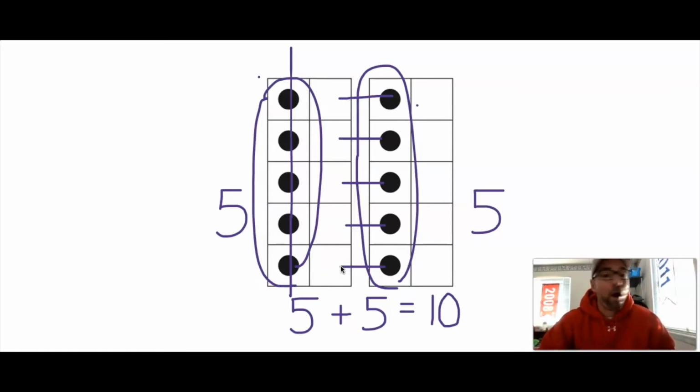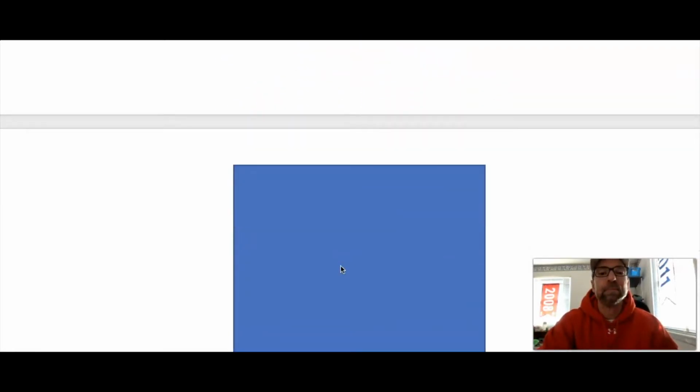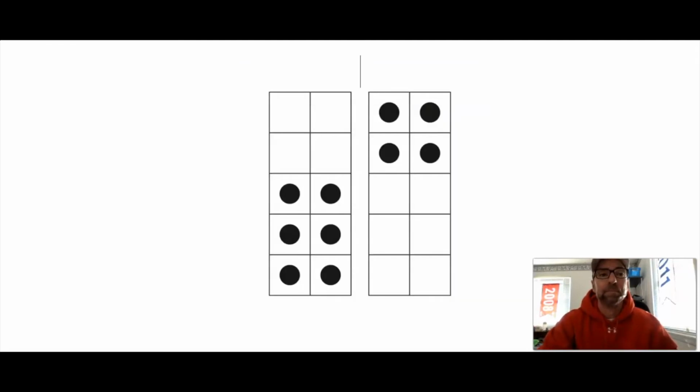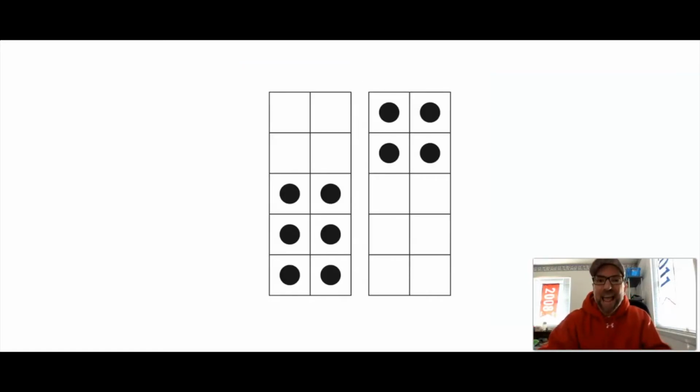Awesome job. All right, if you need to erase your whiteboard, you can. Here's our next one. How many dots do you see staring right back at me? Oh, whew, that was quick. How many dots did you see? Did you see 10 dots?